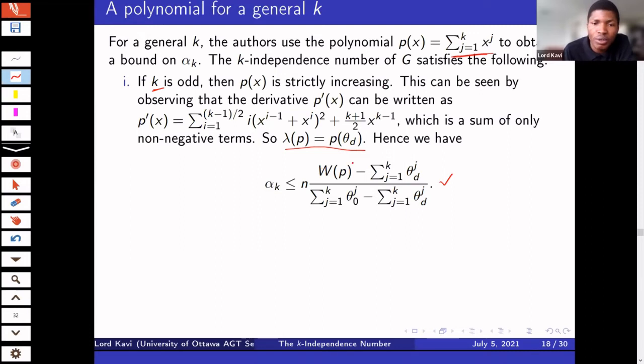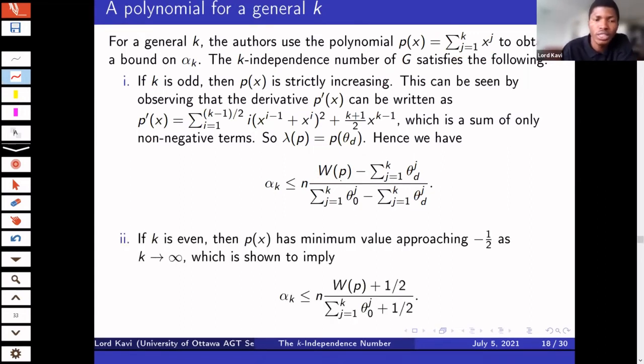Observe that one of our main challenges is this term over here. And that applies to everything because we need to evaluate p of A, and then take the largest value on the diagonal. So this is always a problem. If k is even, it was shown that as k approaches infinity, the minimum approaches minus half.